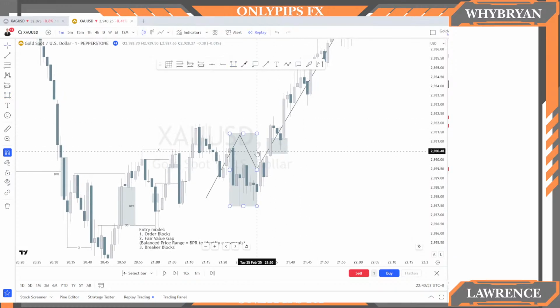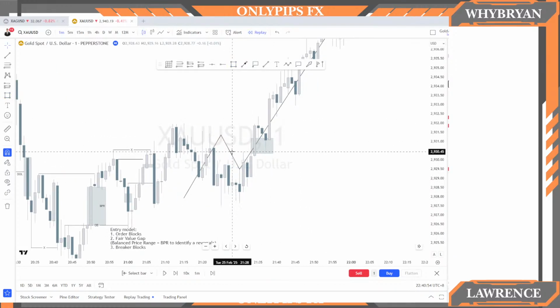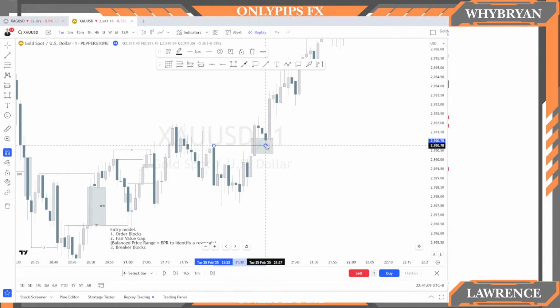So you see how the price reacts from here. Let me remove this, it's a little bit messy. The swing high itself, this high, the CISD, is also aligned with the fair value area.